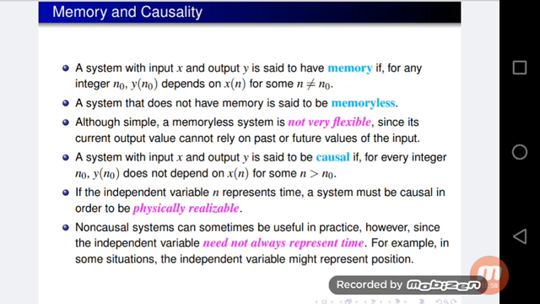Why? For example, if we are using memory devices, they will store a lot of information.